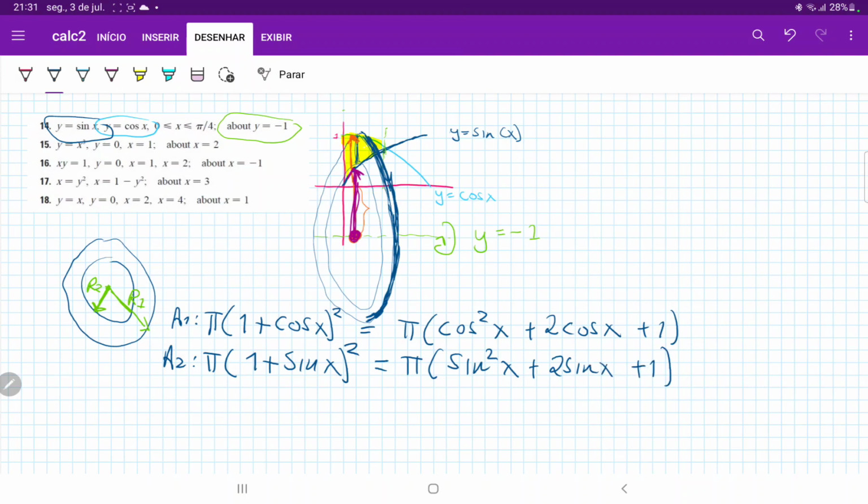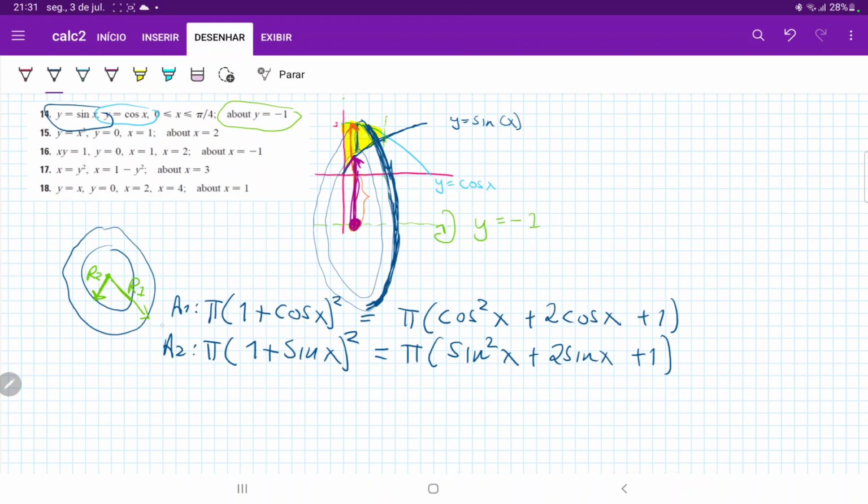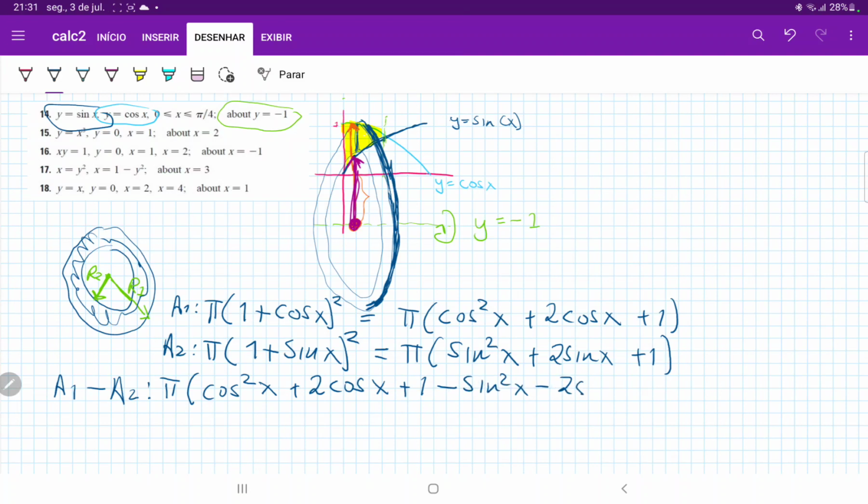Okay. So once we have this, our integral is basically A1 minus A2 to get this ring here. So A1 minus A2 is equal to, I'm going to leave the pi outside once more, cosine squared x plus 2 cosine x, and then plus 1, minus sine squared x, and then minus 2 sine x, and then minus 1.